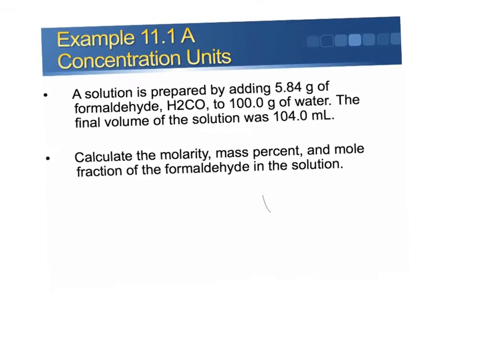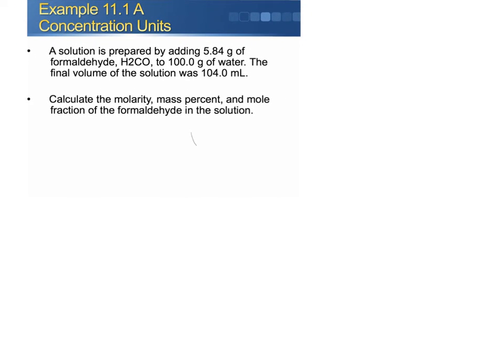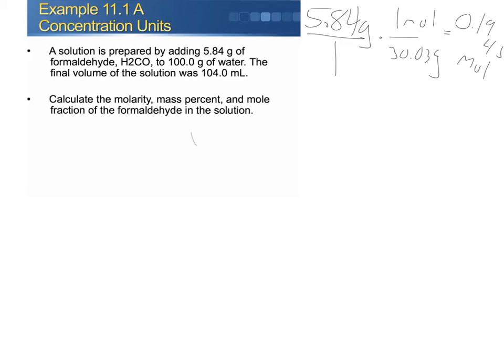For our formaldehyde, we have 5.84 grams, and it is 30.03 grams per 1 mole. So that's 0.1945 moles. Sorry, my writing went off the page a little bit.